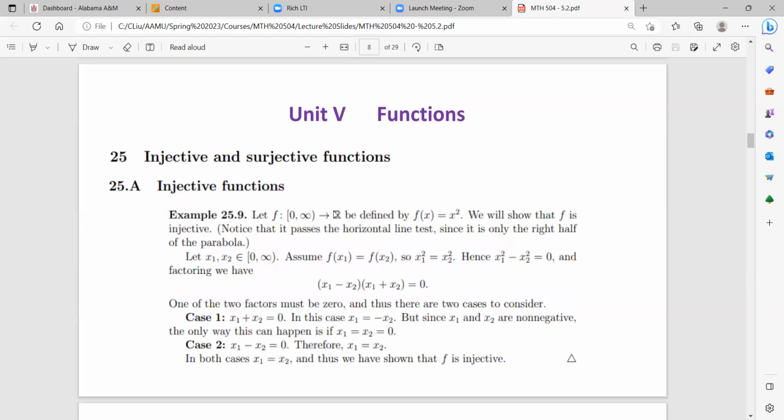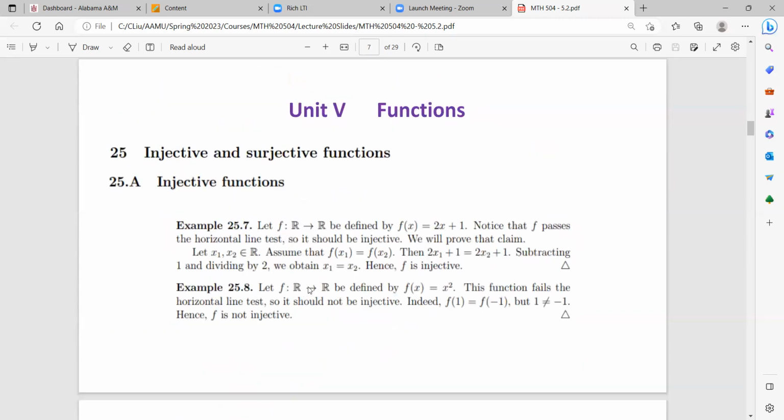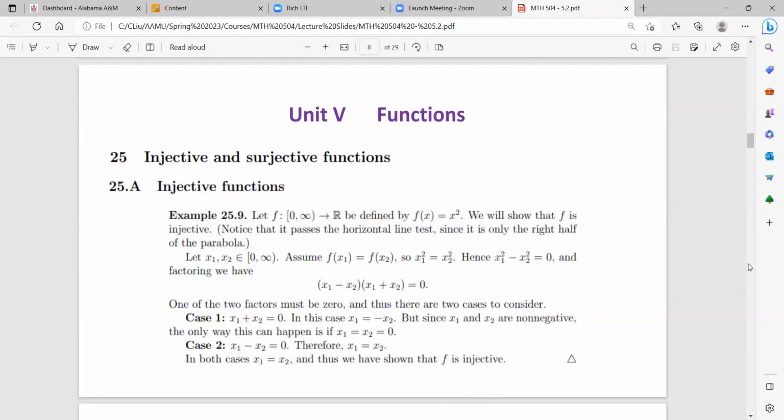Okay, now if we change this function a little bit, if we change the domain from all real numbers to non-negative numbers. Remember, the previous function is defined from R to R. Now we just change the domain a little bit from R to non-negative numbers. Then it becomes a one-to-one function, or injective.